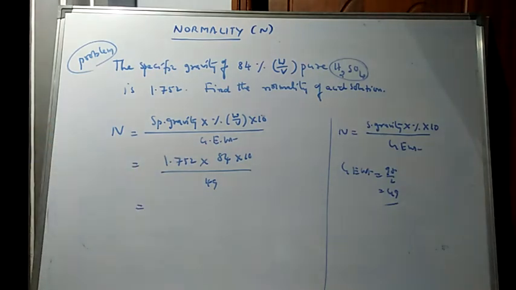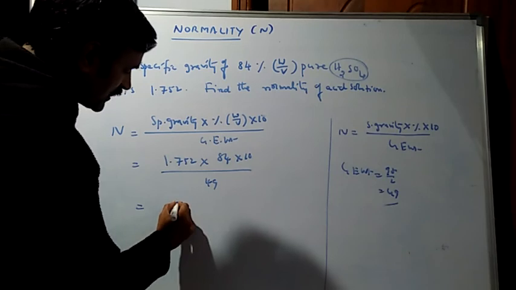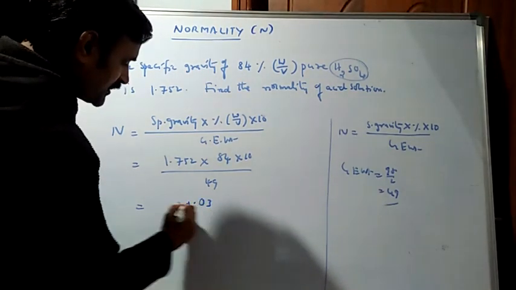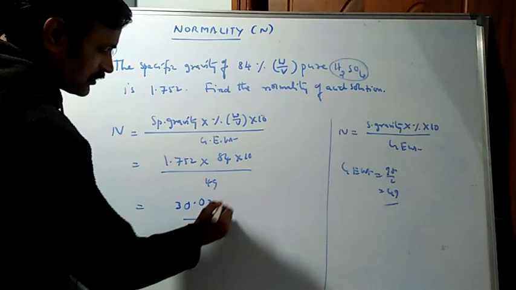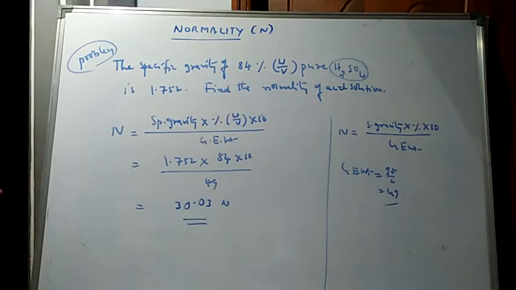So simplification, how much comes? Let us finalize it and tell the answer. It is 1.752 into 84 into 10 divided by 49. So we have 30.03. 30.03 is the normality of this solution.